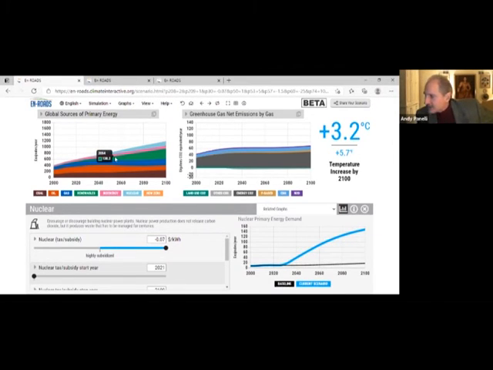Doesn't mean it's a bad thing to pursue. We still need carbon-free base load energy in 2080 and beyond, but it's just not getting us there where we need to be right now. We've got to do something to try to keep coal, oil, and natural gas in the ground as much as possible in the next 20 to 25 years or so.